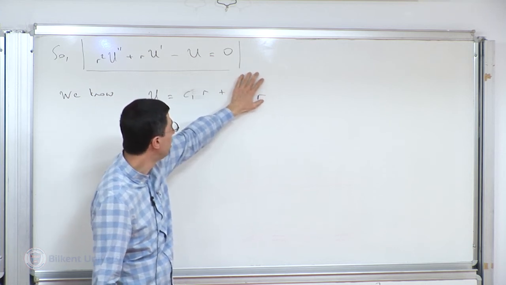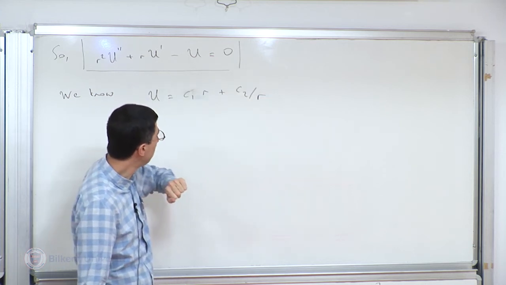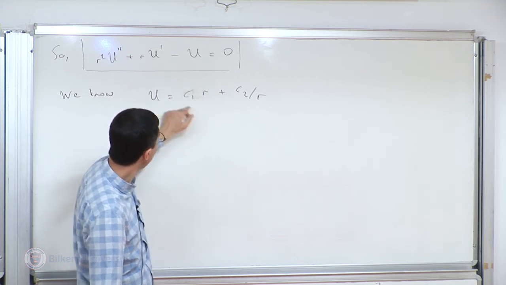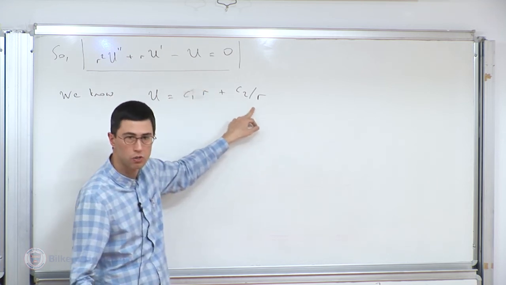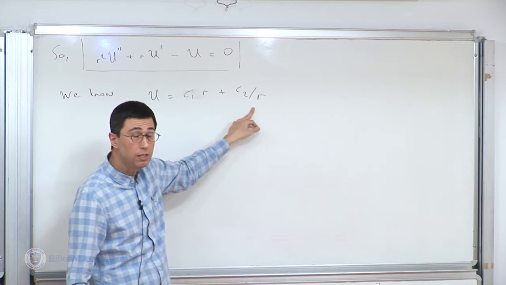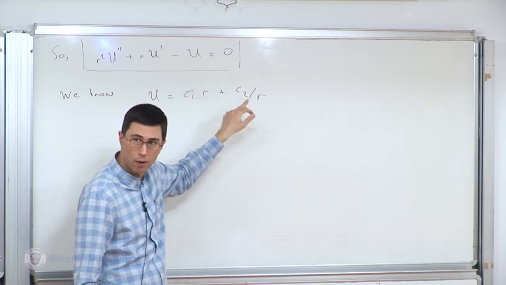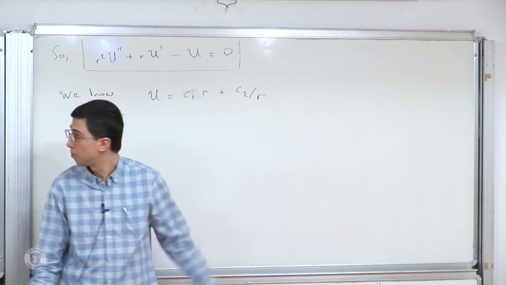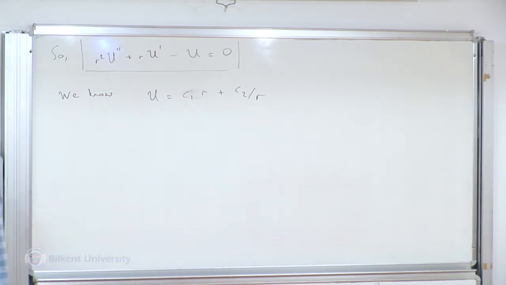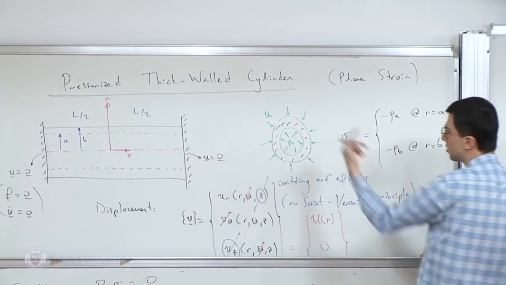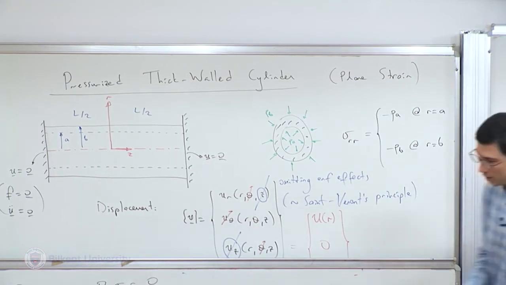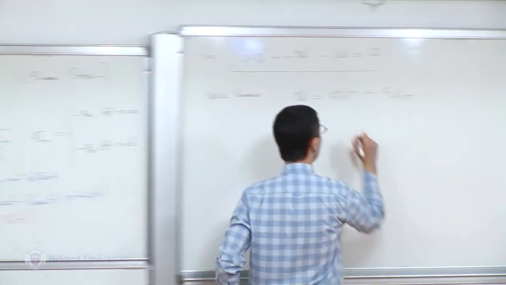It was not permitted. And in the sphere problem, we obtained a solution that looked like C1 r plus C2 over r squared. And there, r did not go to 0, so it was permitted. Likewise here, r does not go to 0 because the middle of the cylinder is just hollow, right? r starts from a. So again, this is not omitted.